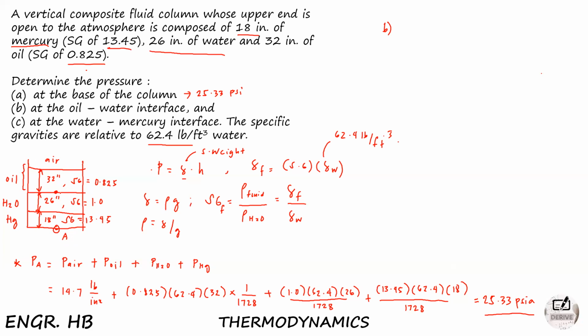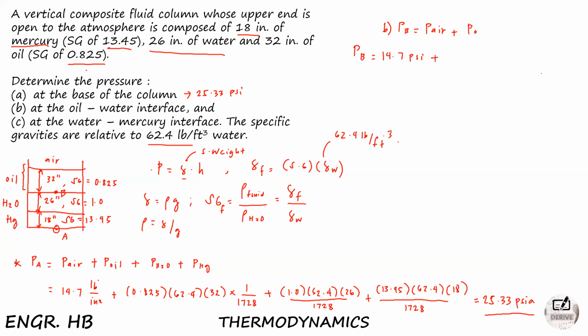At kung ito yung kukunin natin, sabihin natin siyang point B. Ibig sabihin, kung ano lang din yung pressure na nasa ibabaw niya. And the pressure na nasa ibabaw ng oil-water interface is just the pressure ng air plus pressure ng oil. Okay. So, pressure at the oil-water interface is equal to 14.7 psi para sa atmospheric pressure kasi air to, plus P_o.